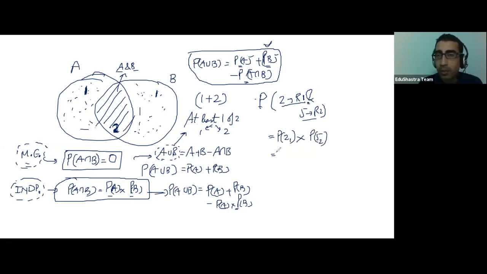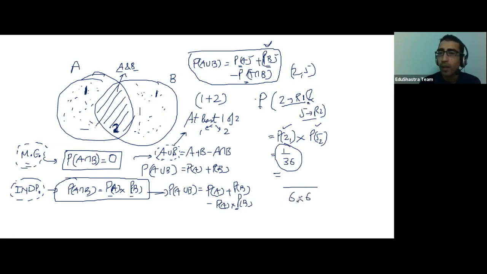You would probably do this intuitively 90% of the times. You just multiply this probability and this probability: 1 by 6 into 1 by 6, 1 by 36. Obviously, you could also have seen this as, since 2 and 5 are only one case out of 36 possibilities, I could have used PNC here. My total outcomes are 6 into 6.